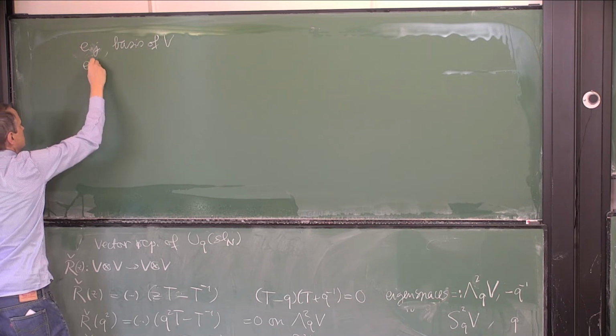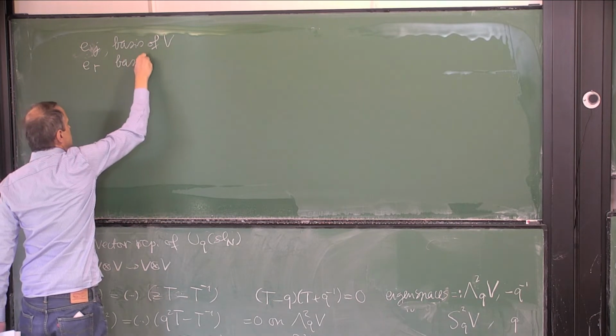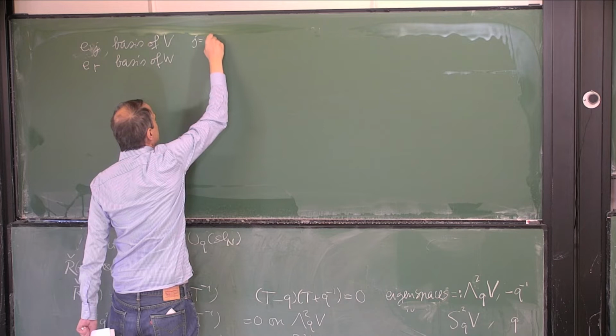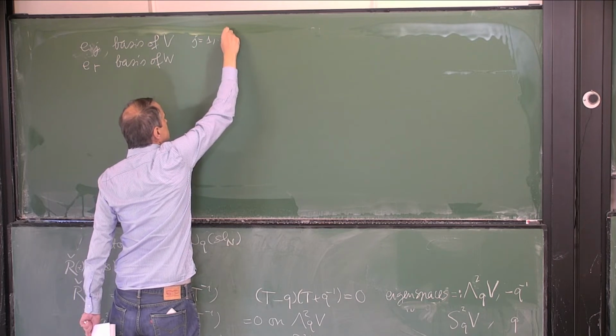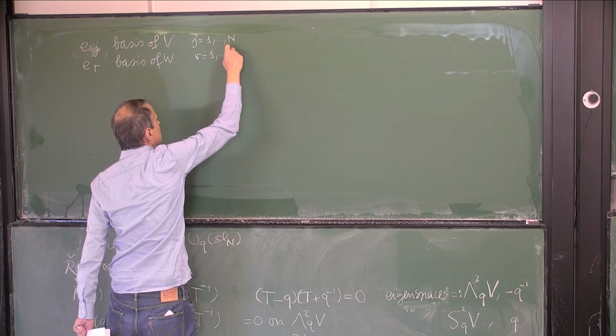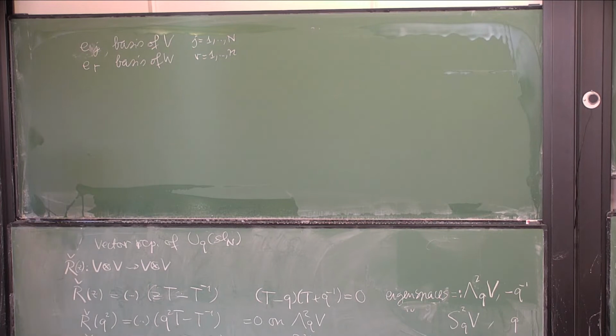And e_r is a basis of W. So I call everybody e, but the index is another letter of the alphabet. You know them by the same letter, somehow.